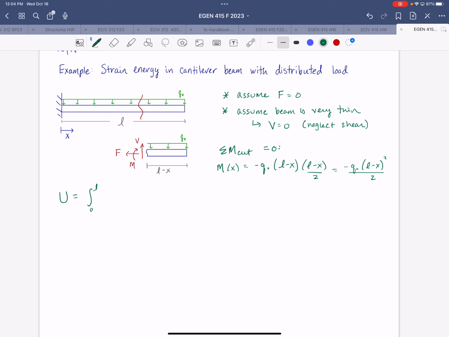We're integrating along the length of M squared over 2EI, or 0 to L, plugging our expression in now in terms of Q and L and X. All right, and we're squaring the moment term, so we have Q naught squared, and then the quantity L minus X to the 4th, divided by 8EI.